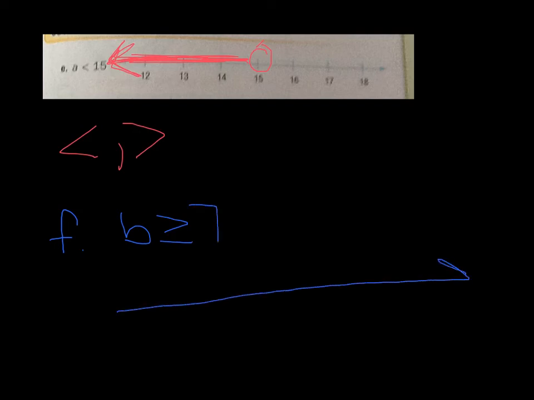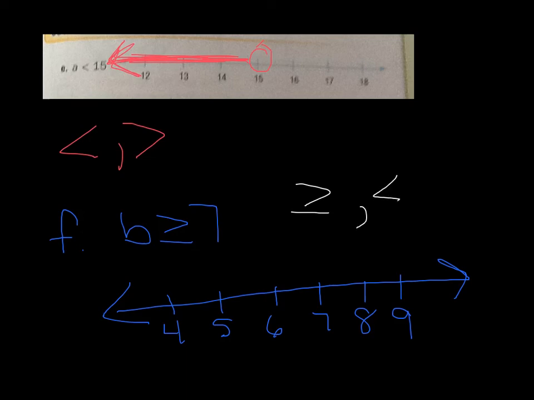Let's look at letter F. Letter F says B is greater than or equal to 7. Let's make a number line. Notice my inequality is greater than or equal to. Whenever you have greater than or equal to, or less than or equal to, you have a closed circle at that point.